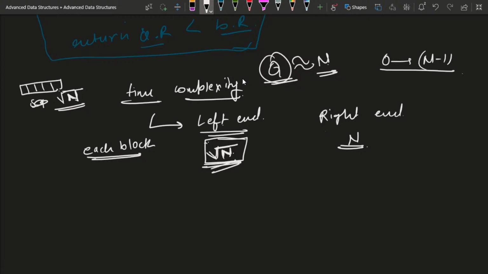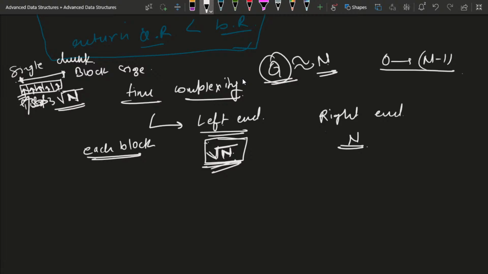Now what could be the maximum number of queries if we are considering the left hand? If we are considering a single chunk, the maximum number of queries we can answer would be the block size only, because in the worst case all the queries are present in different positions, like this is L1, this is L2, this is L3.